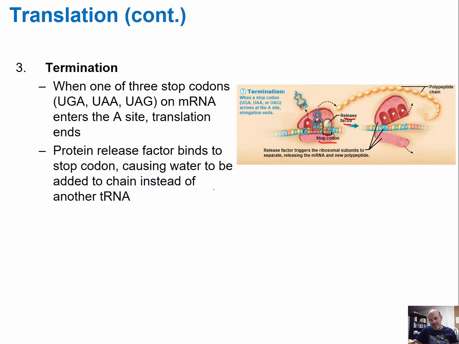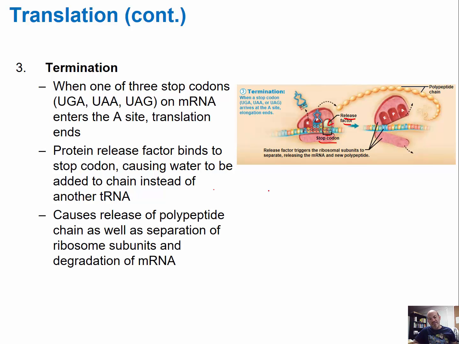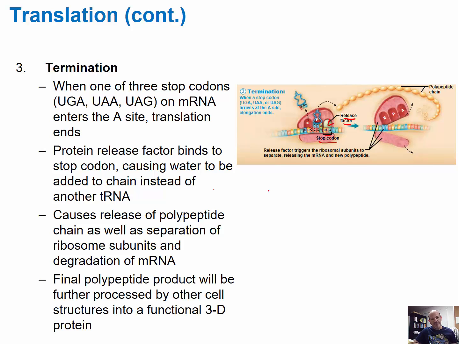There's the release factor; it enters right in there, and this release factor is going to cause water to be added to the chain instead of a tRNA, and this causes the release of the polypeptide chain, as well as the separation of the ribosomal subunits and the degradation of the mRNA. So if the mRNA molecule is not useful anymore, it'll be broken down. The final polypeptide product will be further processed by other cell structures into a functional 3D protein.